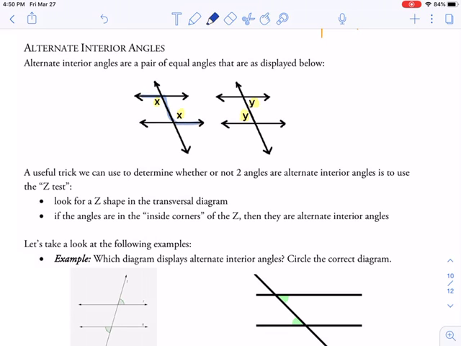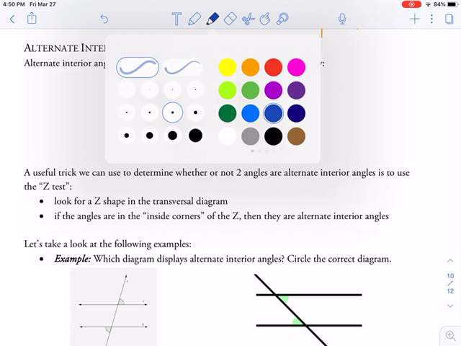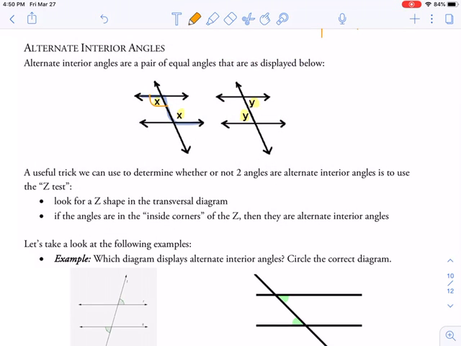I know it's kind of leaned over, I know Z usually looks like that, but it's tilted over, but that's okay. And we can see that the angles are on the inside corners of the Z, right? So we have this corner and this corner, so kind of the insides of the Z.